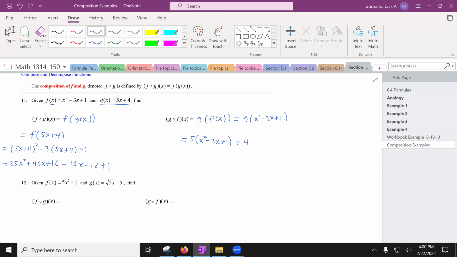So you gotta do all the FOIL just for that part? Yeah, you have to multiply. I use the formula because I don't want to do it the long way like this.